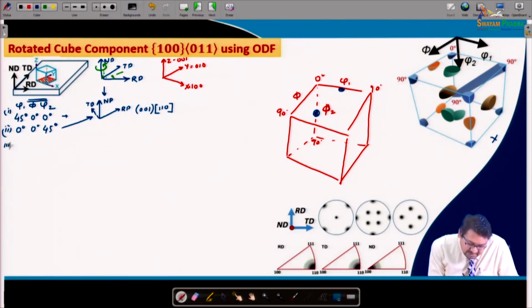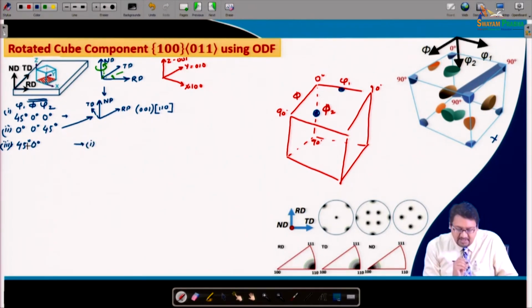The third situation that can happen is that we rotate by 45 degrees along phi 1, that is the first case, and then we rotate by 0 degrees along phi, and then again we rotate by 90 degrees along phi 2.